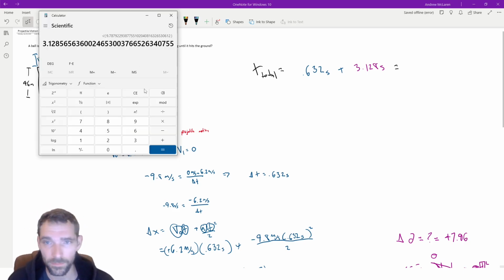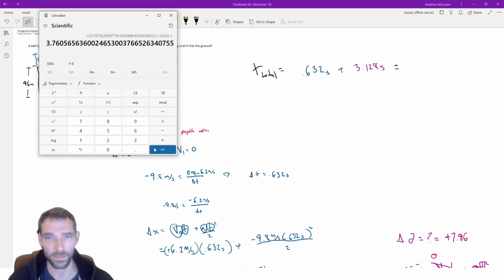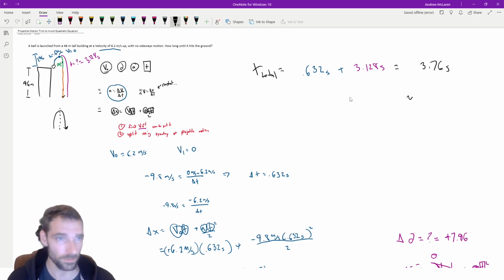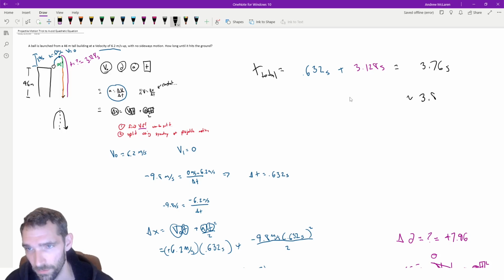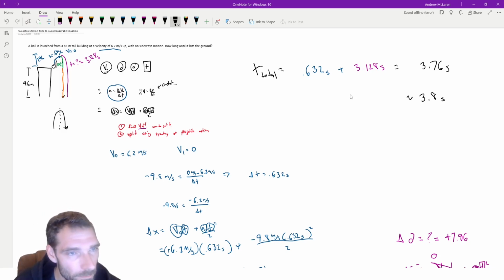We add those up, and we get about 3.76. Which, if we're limiting it to the 2 sig figs that were provided, that should be about 3.8 seconds for it to do this motion that we've got marked in black right now for the total.